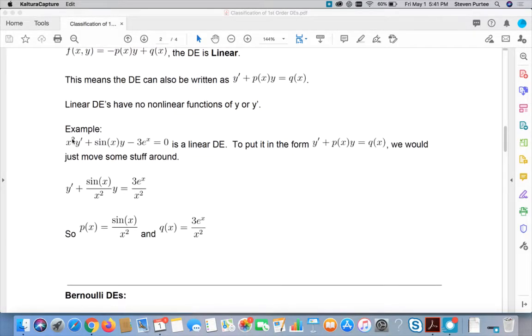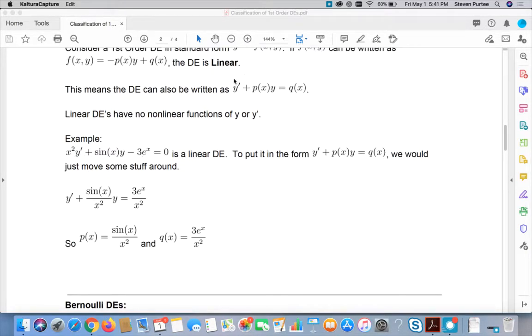So this guy here is a linear DE in y. Sure, we've got some nonlinear stuff going on here, but nothing nonlinear in y. I've got a y to the first power and a y prime to the first. If I want to put this in this weird looking form here, I just have to get the y prime by itself. So divide everybody by x squared.